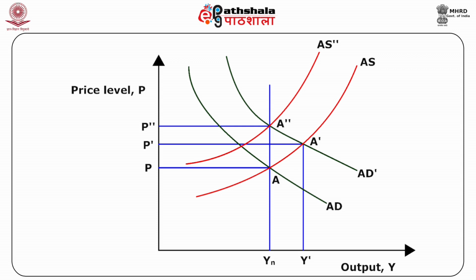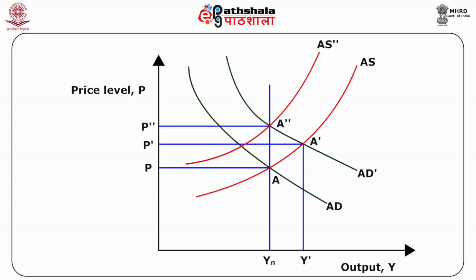From the above equation, it can be seen that an increase in real money supply would lead to an increase in output in the short run. The aggregate demand curve shifts from AD to AD dash since there is a change in a factor affecting aggregate demand other than price level.